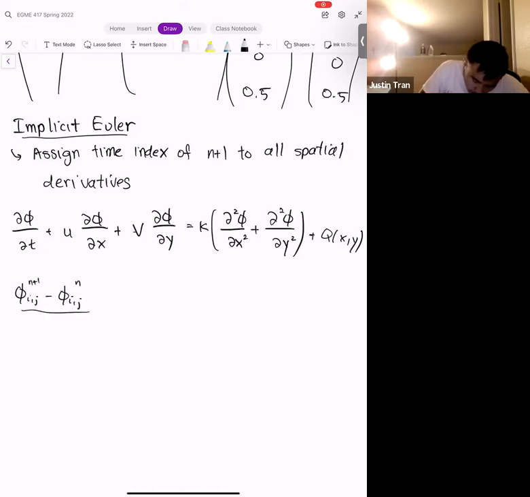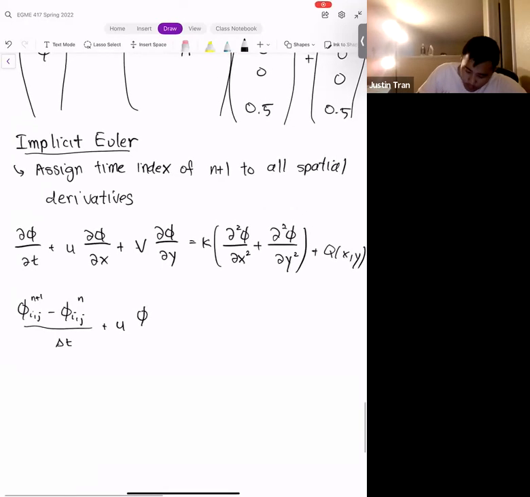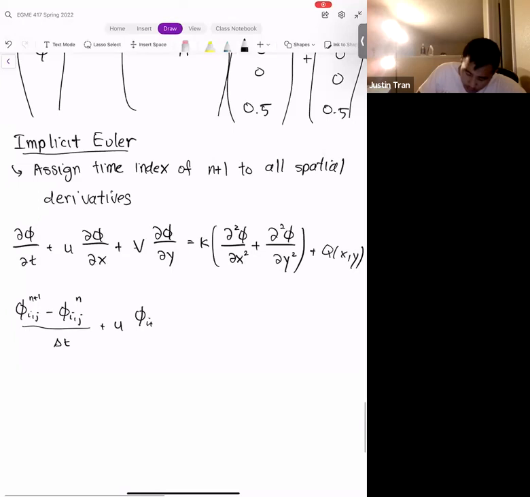First we start with the time derivative, which is phi i,j n plus 1 minus phi i,j n. Next, we have the convection term. We have u, and I'm going to assume a central difference as well, so phi i plus 1 minus phi i minus 1. Both of these are going to be assigned a time index of n plus 1 now.